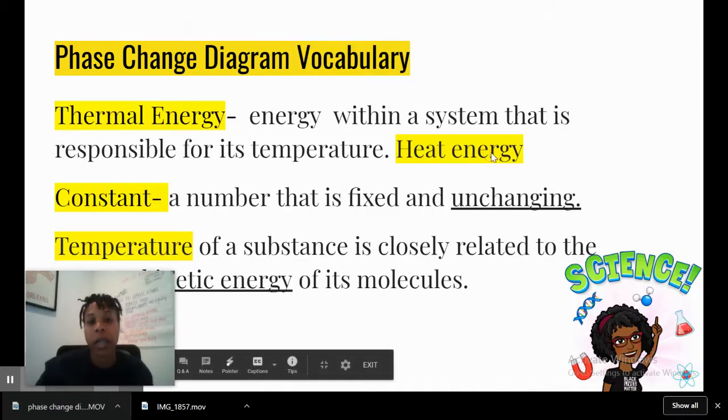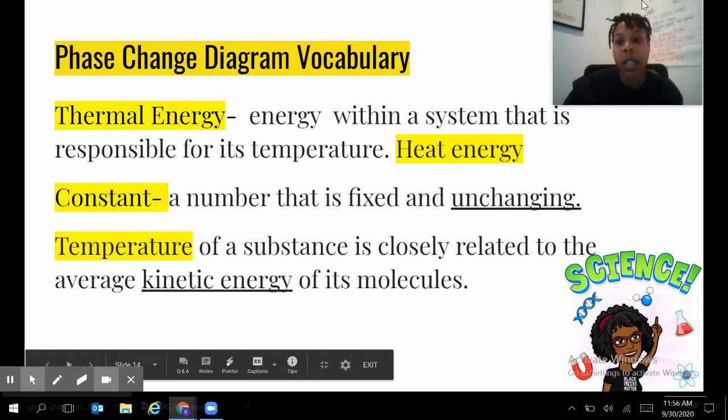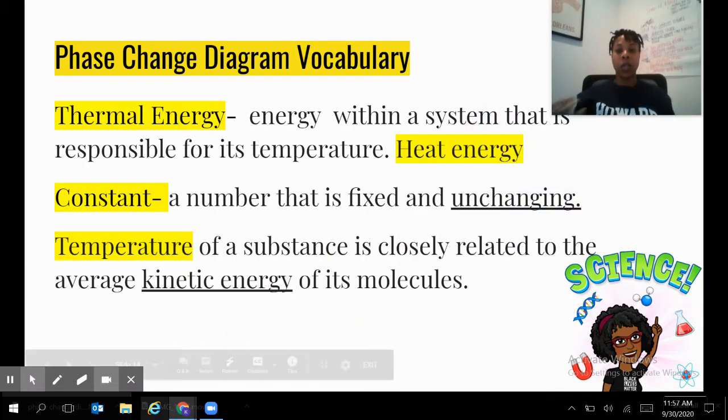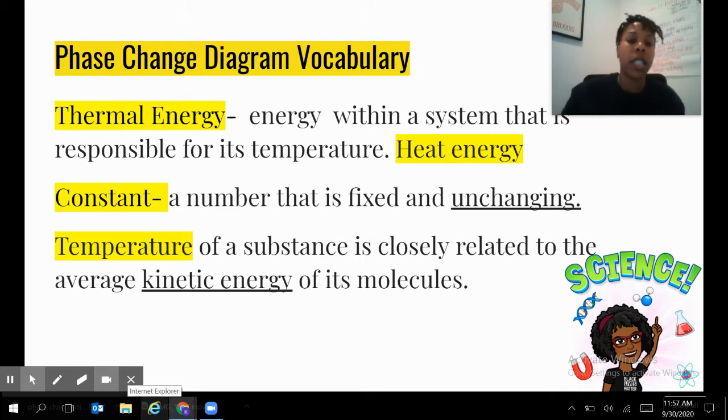Some vocabulary that we need to know. Thermal energy is the energy within a system that is responsible for its temperature, which is just heat energy. For this specific video, you need to know what a constant is. Just like in math, it's a number that is fixed and unchanging.